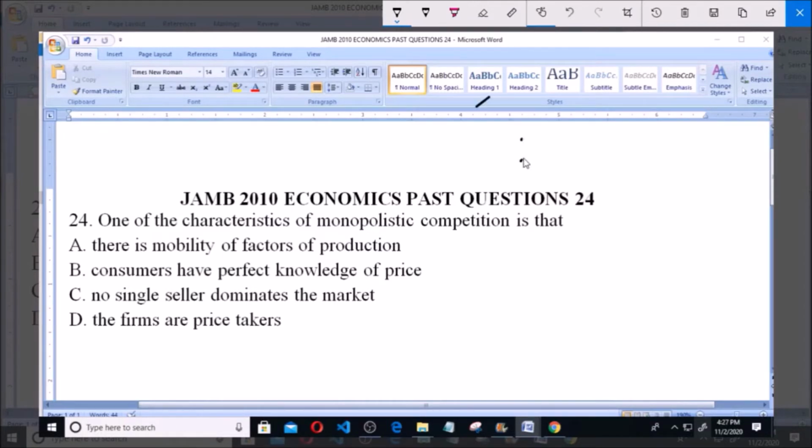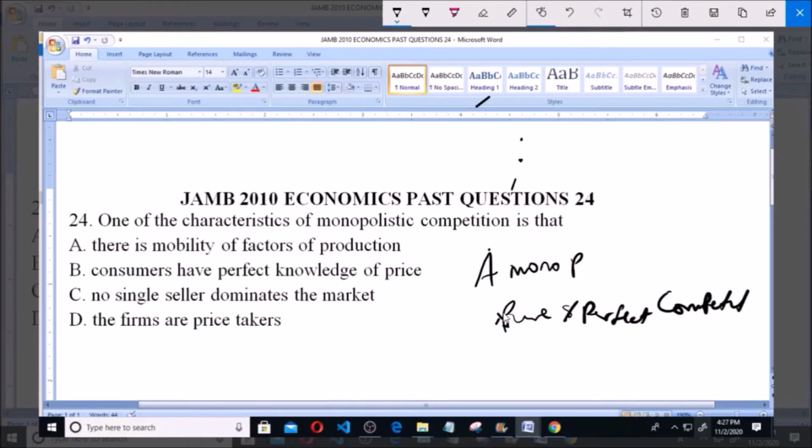If you look at monopolistic competition, it is a market situation which combines the fundamental characteristics of both pure monopoly and perfect competition. That is what a monopolistic competition has.